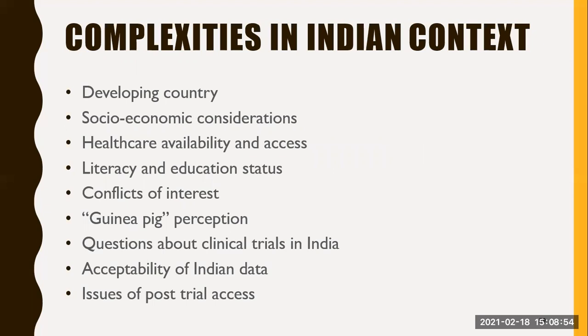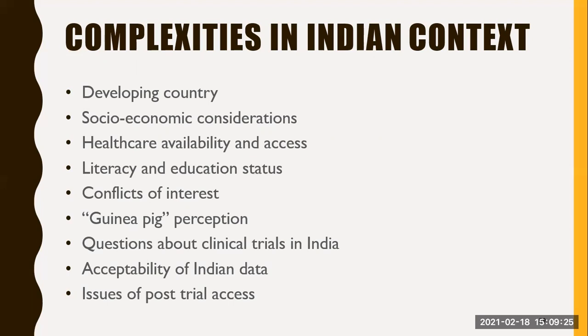So the complexities in the Indian context include that it is a developing country. Then socio-economic considerations are there. There are social levels and economic levels of the people, which is also one of the considerations. Then healthcare availability and access to healthcare are also questionable. Then the literacy rate and education status also create a hurdle in the informed consent process.